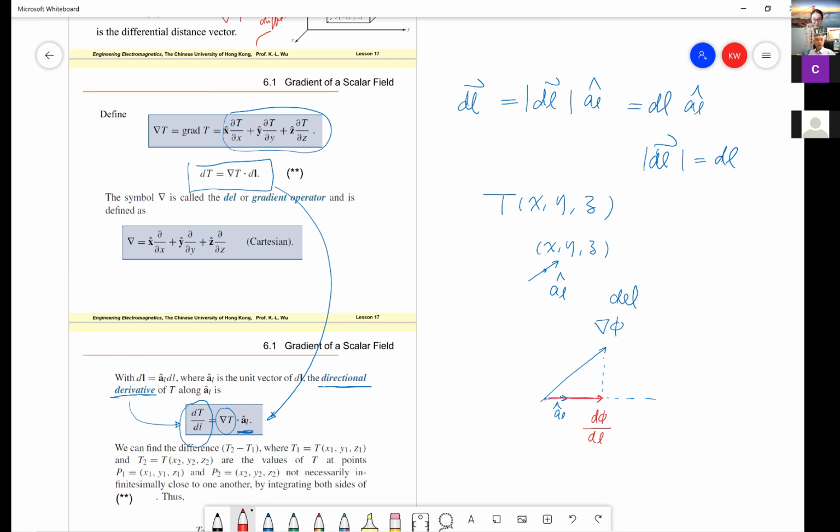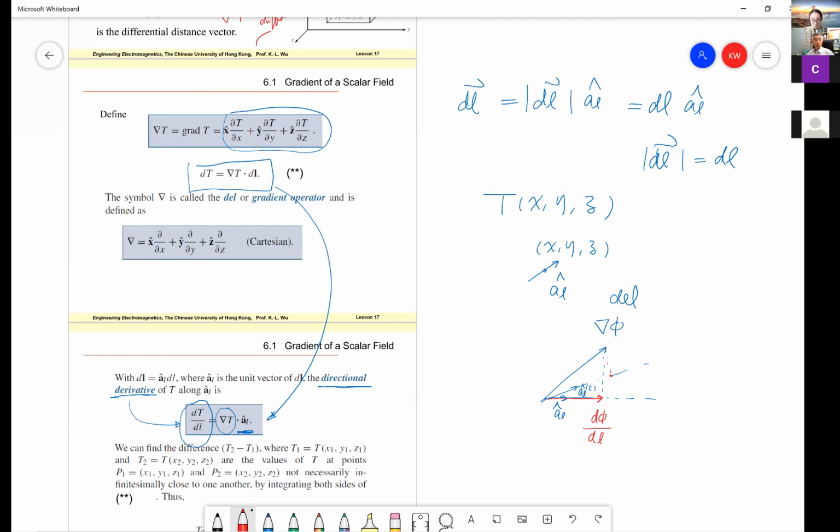You understand? So what that means is, if you choose any direction, now you change your direction. This is my another dl. I'd like to find the directional derivative in another dl. Then that's fine. Take the projection onto this.